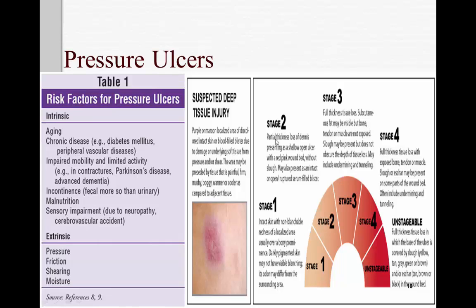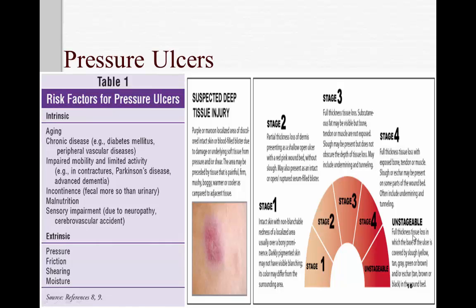Stage 2 is partial thickness loss of dermis. Stage 3 is full thickness tissue loss that goes into the subcutaneous tissue. Fat may be visible, but bone, tendons or muscles are not exposed. Stage 4 is also full thickness tissue loss, but with exposure of bone, tendons, or muscles.